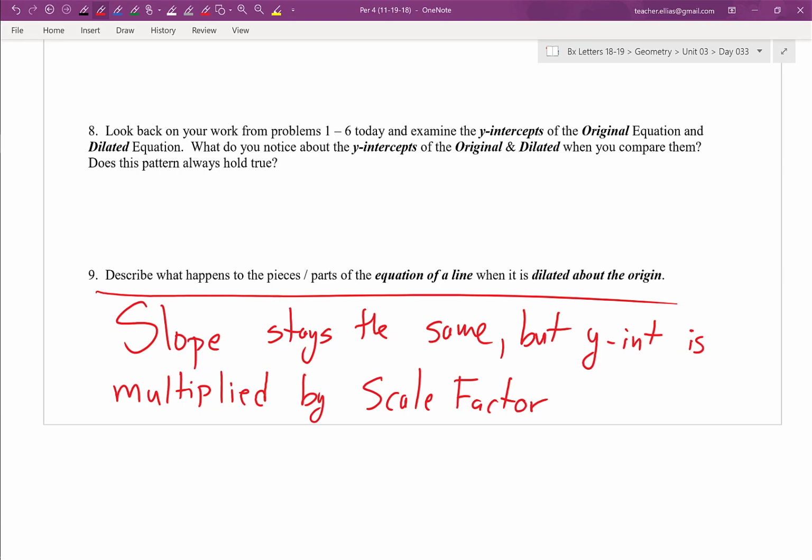Slope stays the same. So what you are doing is either multiplying by some number or multiplying by a fraction. That's the equation of scale factors. But you've got to multiply everything. You're not wrong. That is correct.